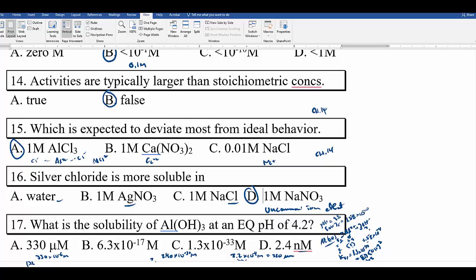If the pOH is 9.8, I think I screwed it up here. This can't be right. It's closer to minus 10 than that. And so I did make an error here. 1.58 times 10 to the minus 10, and then we'll cube that. 3.98 times 10, and invert that, times 1.3 times 10 to the minus 33. That should give me my aluminum or solubility.